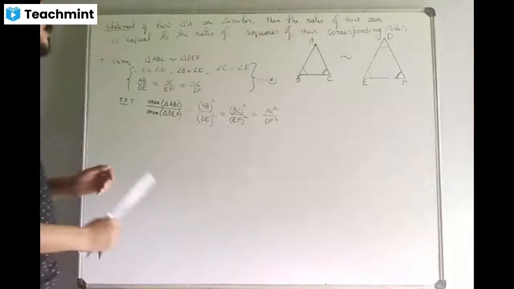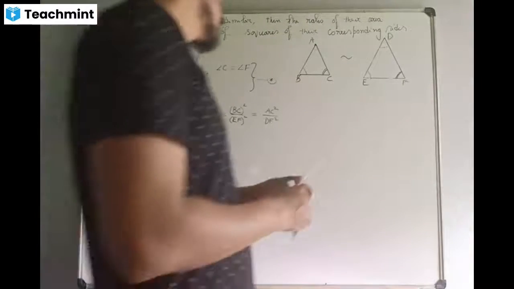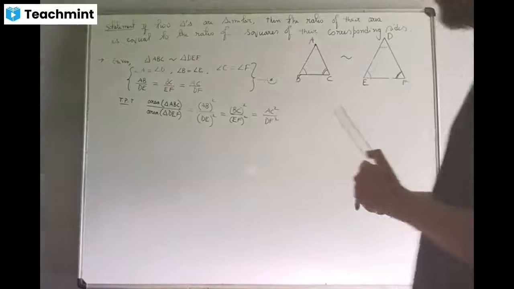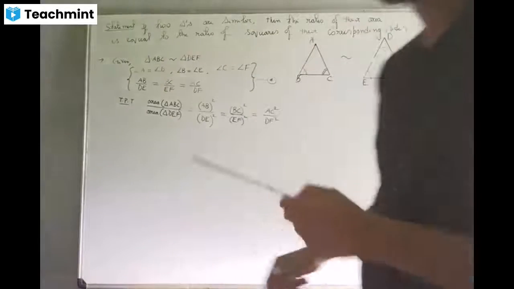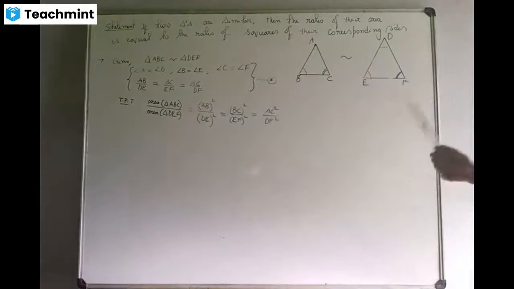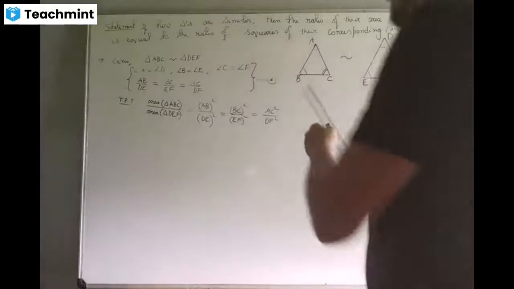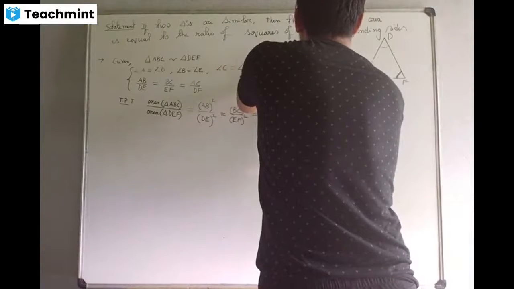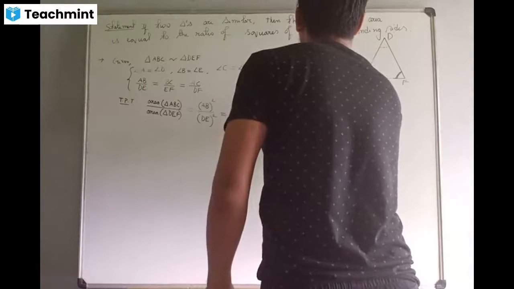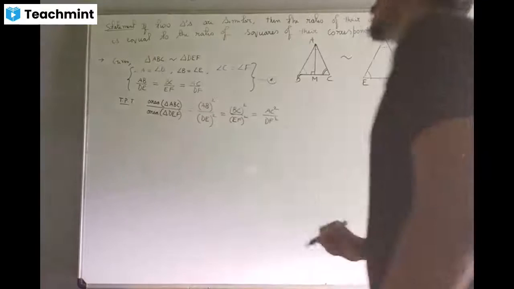Now what I'm going to do here is some construction, because the given information is not enough for us. So I'm going to draw something extra, apart from what is given.